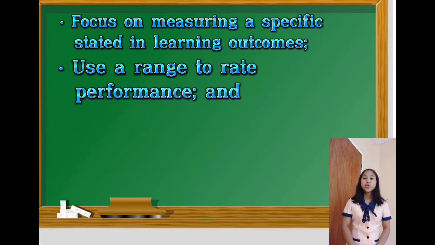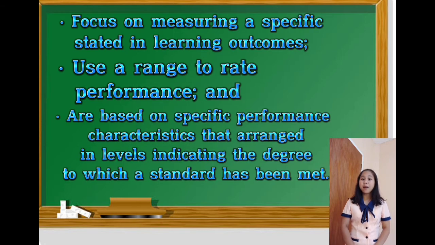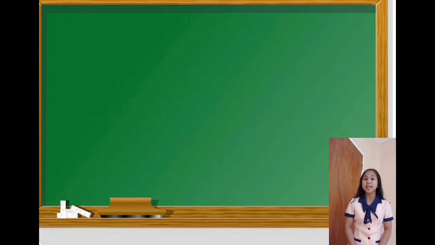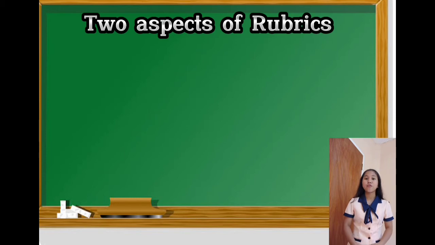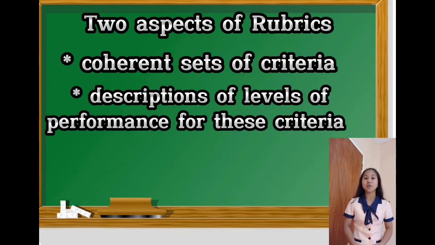Second, use a range to rate performance. And lastly, are based on specific performance characteristics that are arranged in levels indicating the degree to which a standard has been met. Rubrics have two aspects. First is coherent sets of criteria, and second, descriptions of levels of performance for these criteria.